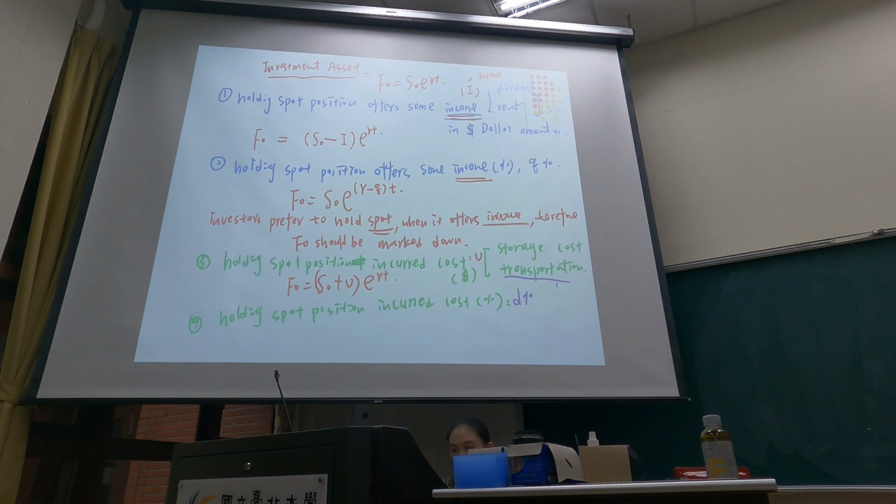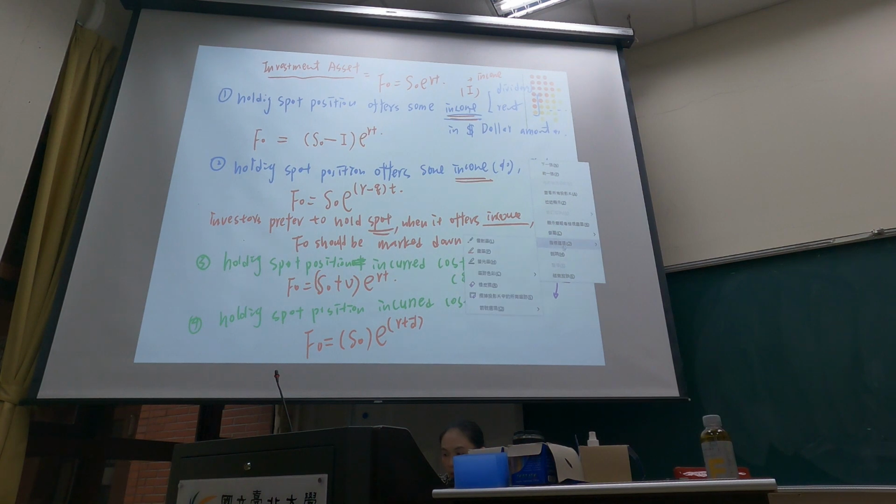It can be the storage cost as well or transportation cost. Similar to the previous cases, you know how to adjust that, right? With the r, F0 equals S0 e^((r plus d)T). It's plus already. Okay, plus d, and then multiply by T.